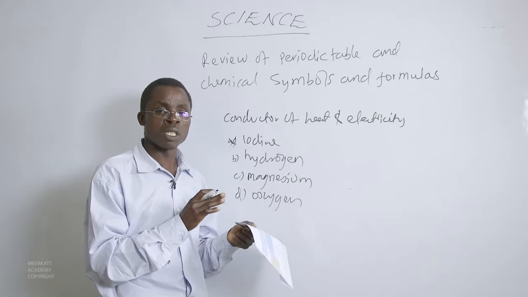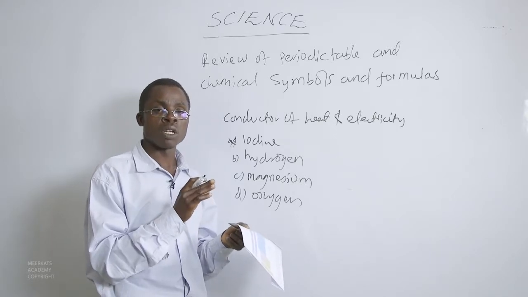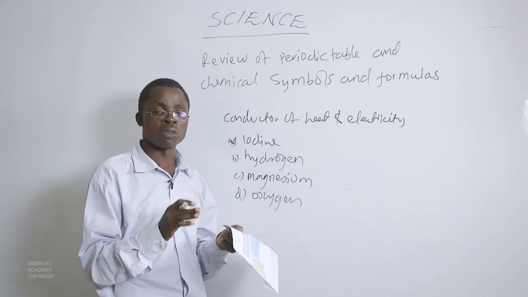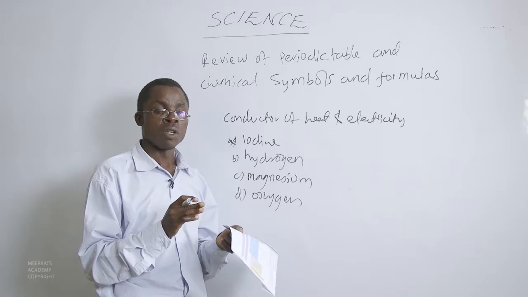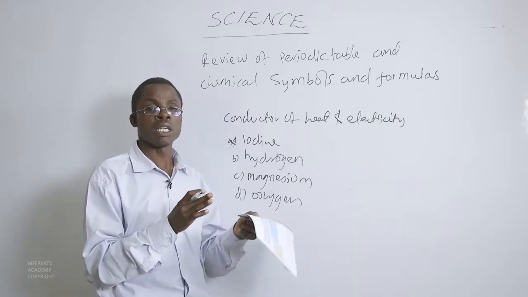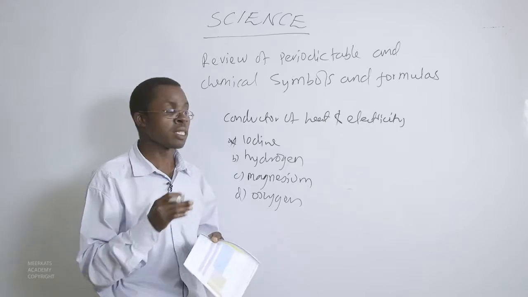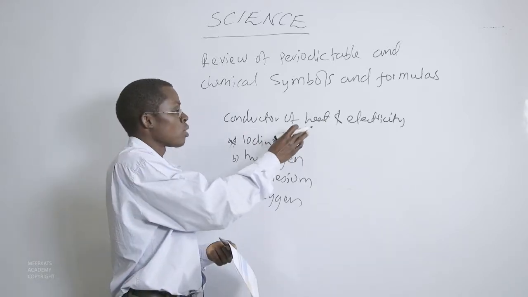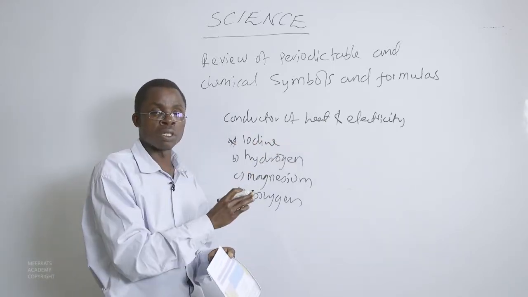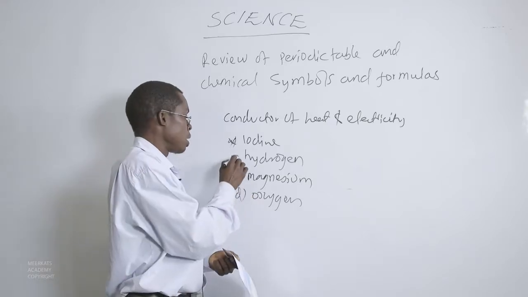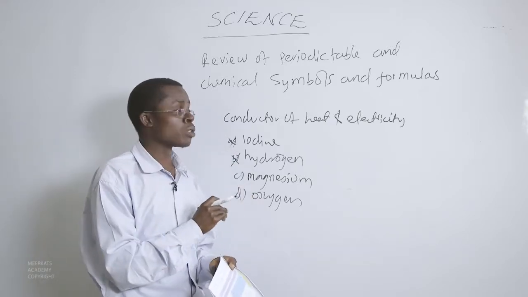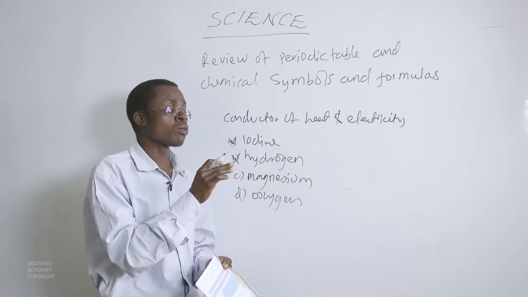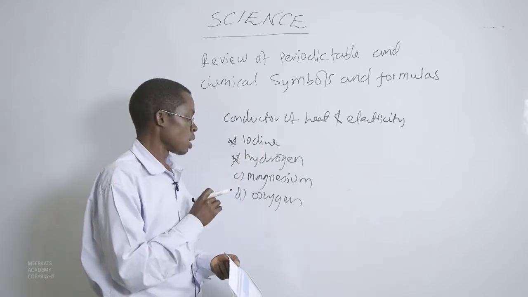Some of the metallic properties are being able to conduct heat and electricity. However, hydrogen doesn't share in that. It shares in others, but not in conducting heat and electricity. Because of that, it gets disqualified.